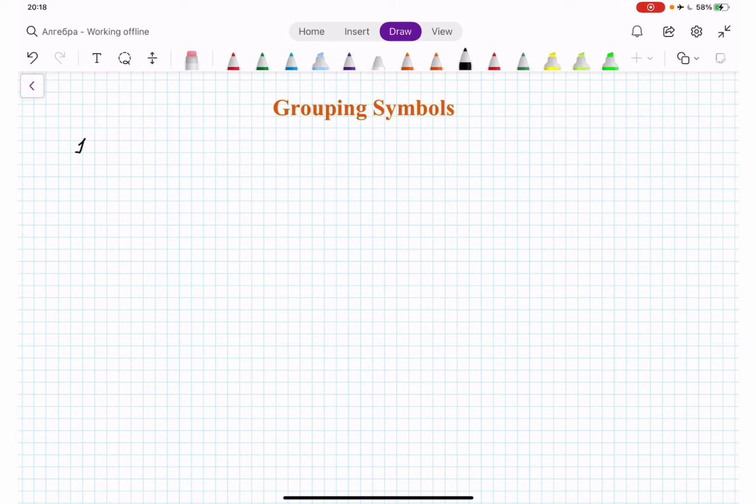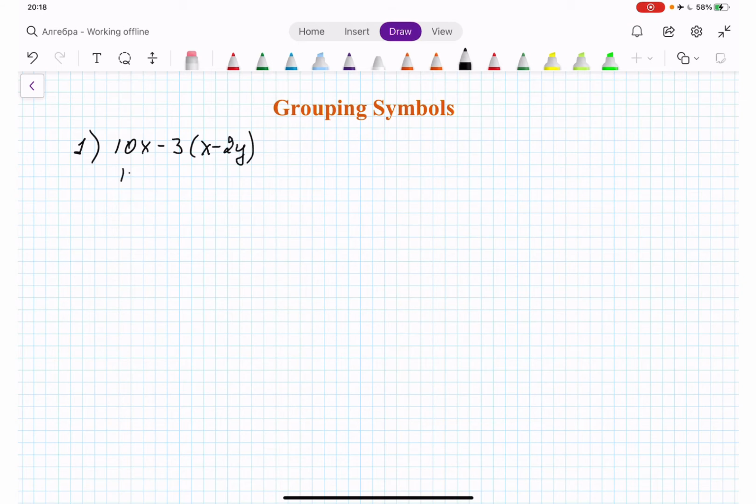Question number 1. Remove grouping symbols and combine like terms. So we have 10x minus 3 times x minus 2y.